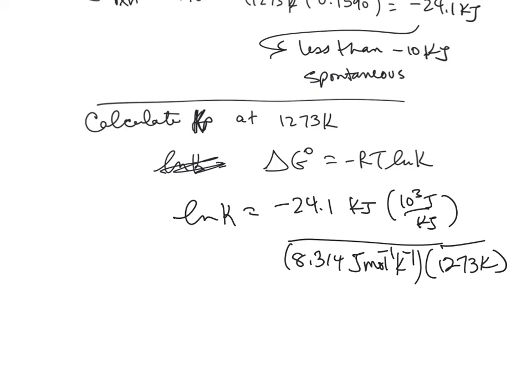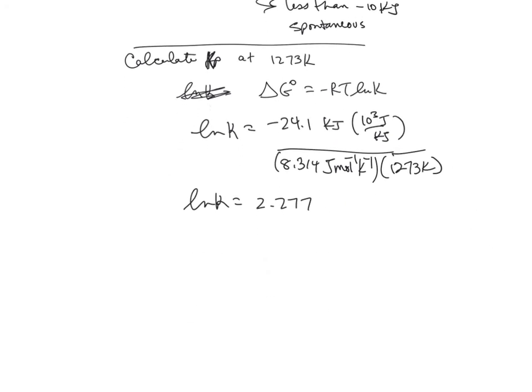So natural log of K here equals 2.277, and remember, you got to practice these problems yourself. It's easy to make mistakes, especially if you're putting negatives or positives into the equation. You have two negatives here, actually.